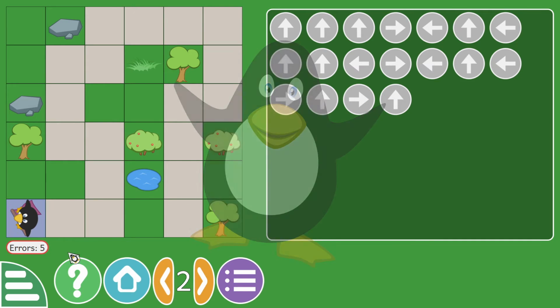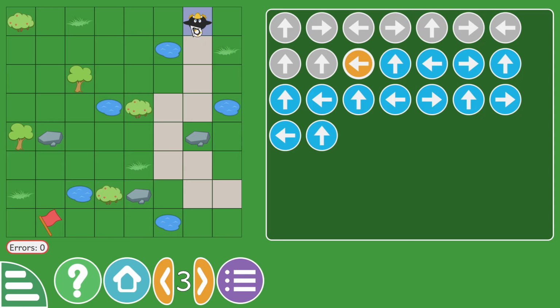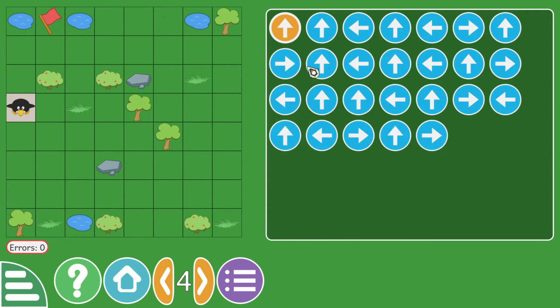So I've got a few errors there, but I'll do one last one. So forward, right, left, right, forward, right, left, forward, forward, left, forward, left, right, forward, forward, left, forward, left, right, forward, right, left, and then one last step of forward.